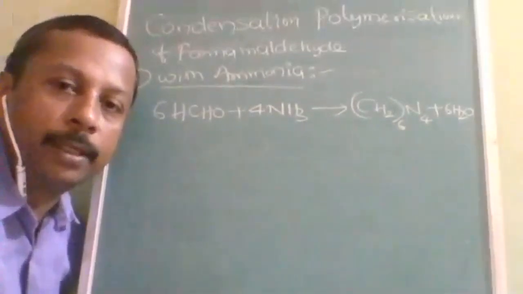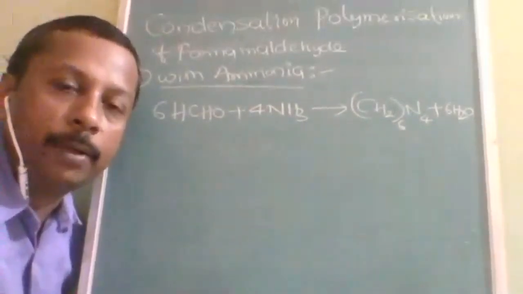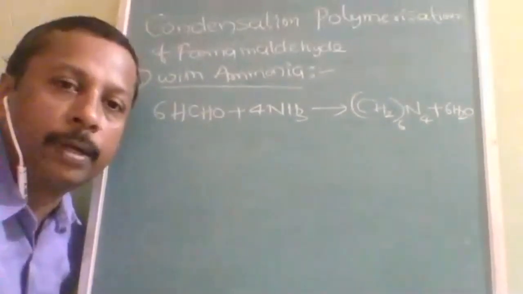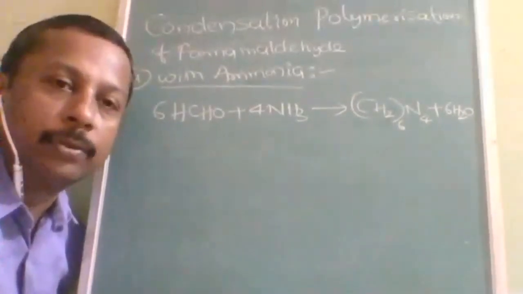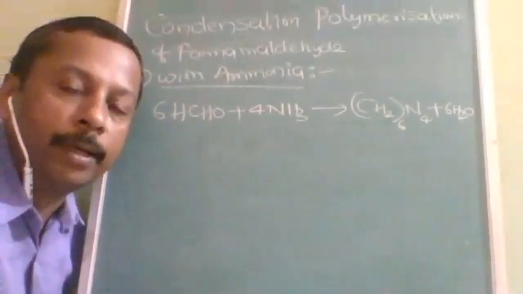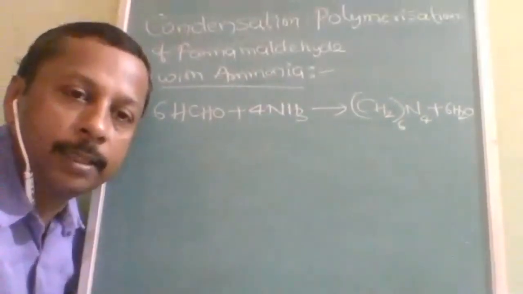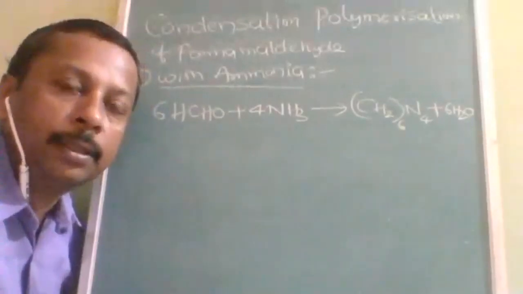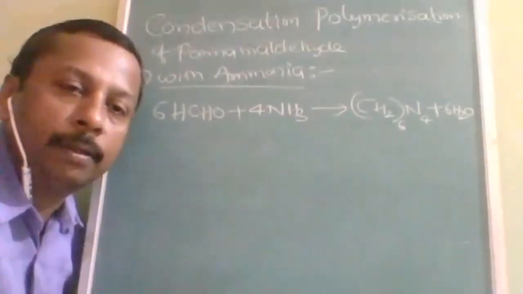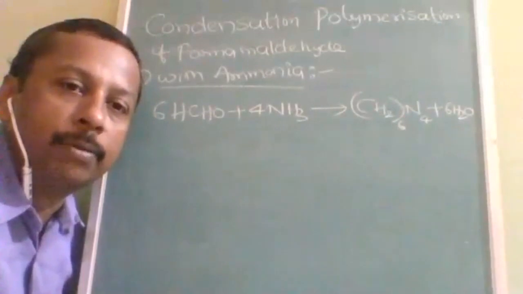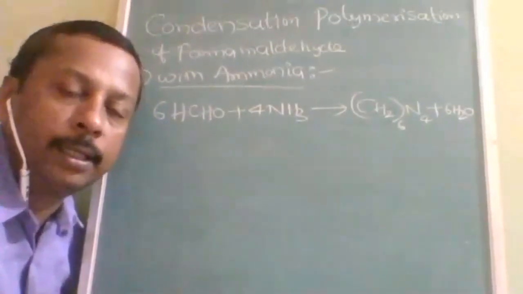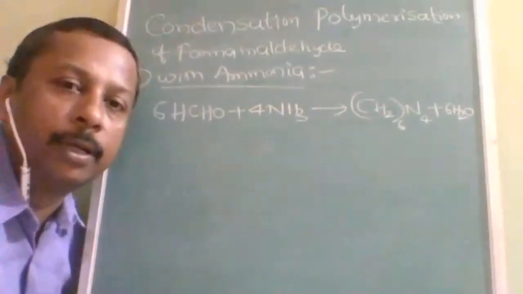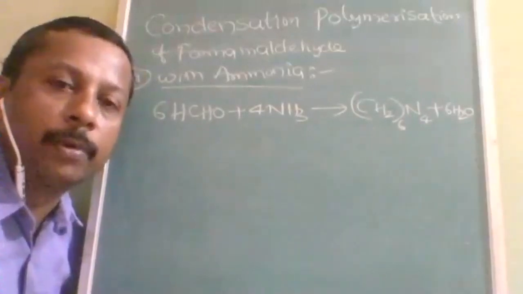If during the polymerization no other product is formed, then it is called addition polymerization. If small molecules like H2O or HCl are eliminated along with the polymer, then it is called condensation polymerization.